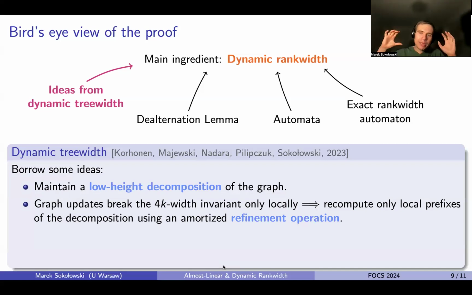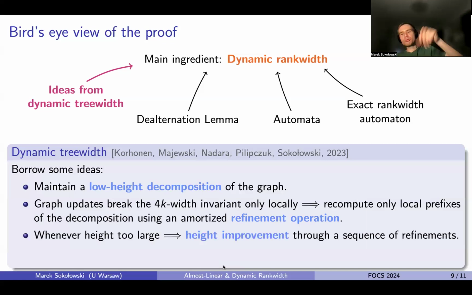So it somehow makes sense to only recompute local prefixes of this decomposition using a really clever amortized time refinement operation. This refinement operation is pretty complicated, so I will unfortunately have no time to describe how it works, but you should think that whenever I have some edges of the graph that break this width invariant, I try to fix them by refining some small prefix of the decomposition.